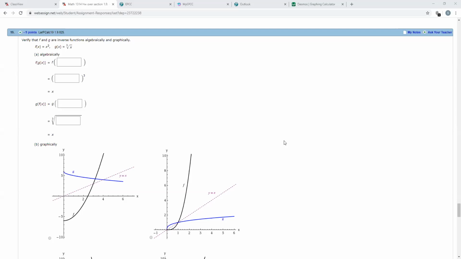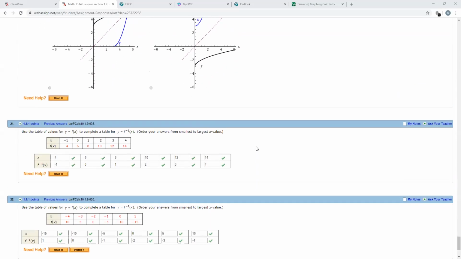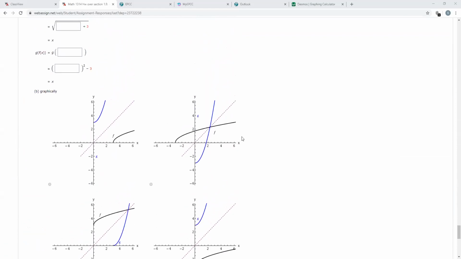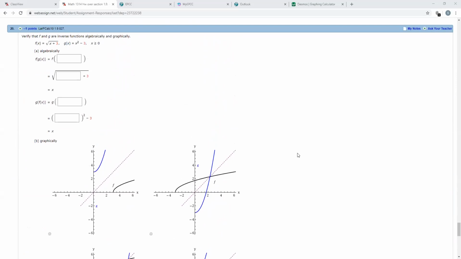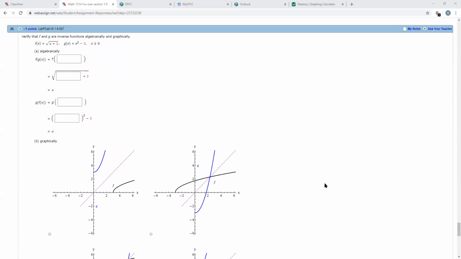Okay, so I want us to look at problem 19 here. And we already did in the first part problems 21 and 22. And then we had a lengthy discussion about inverses and what they are and how they look compared to each other on a graph, on a coordinate plane, and also the official test to determine if two functions are inverses or not.